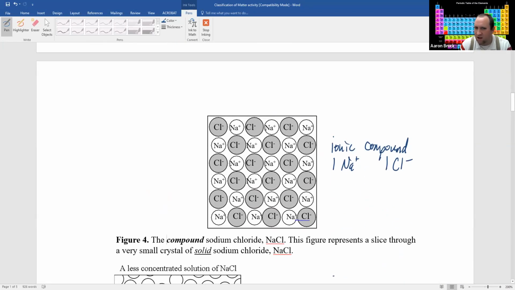Now, technically speaking, we consider these to be chemically bonded, through something called ionic bonding. That is one difference between ionic compounds and elements, in that there is an actual attraction from one ion to the other because of the difference in charge.